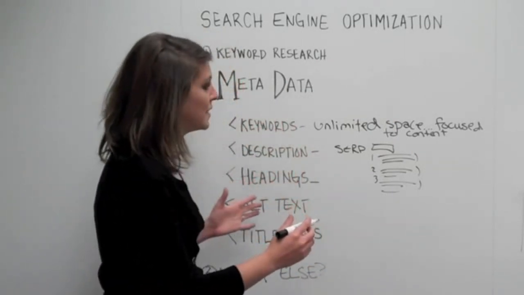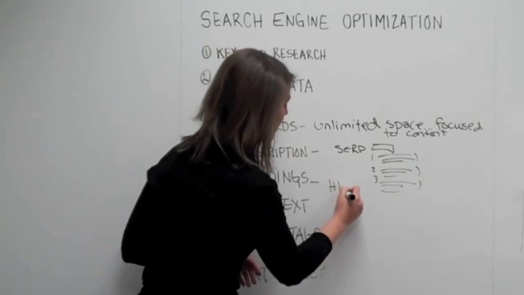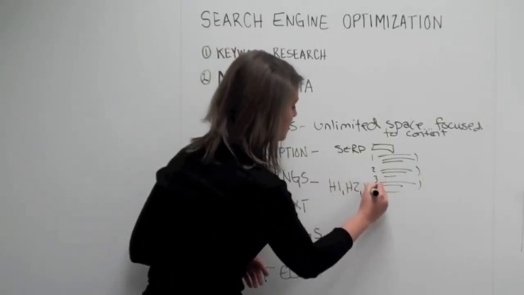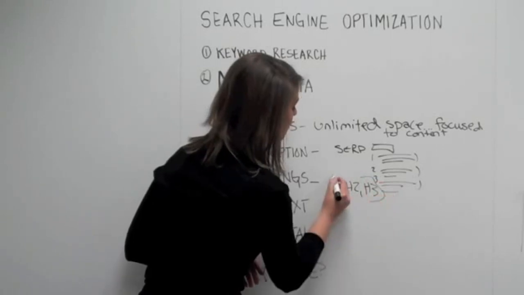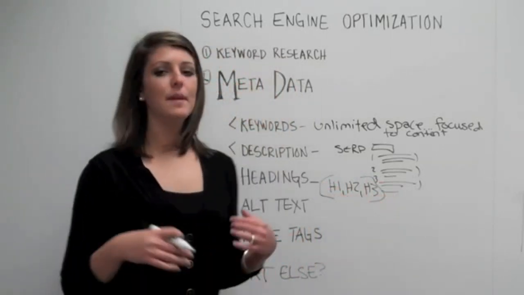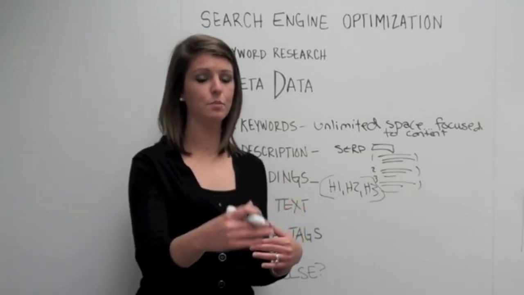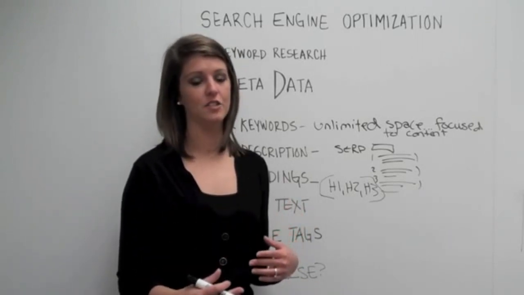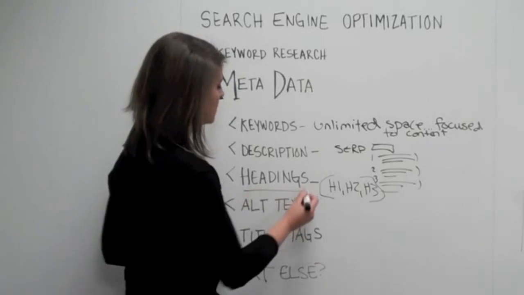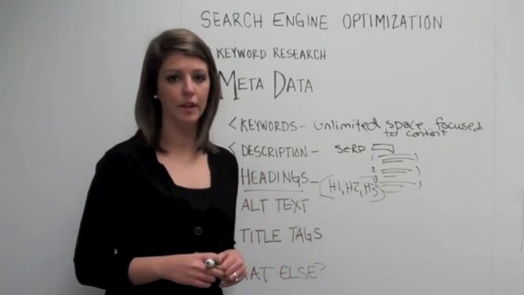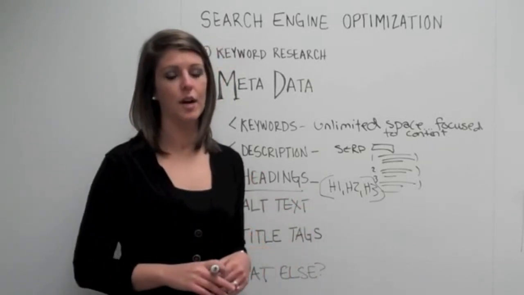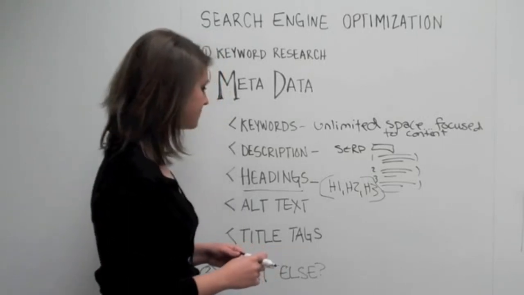So headings will be listed in your source code as H1, H2, H3, and these are all really important because they basically tell Google what the hierarchy of your content is. An H1 is more important than an H2, is more important than an H3. And a lot of times they're bolded, so they show how your content is organized on your website.